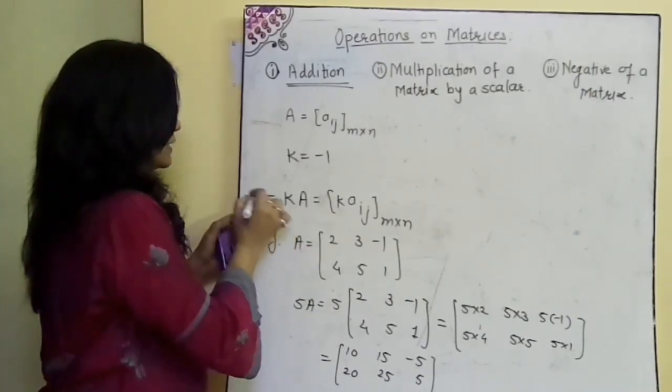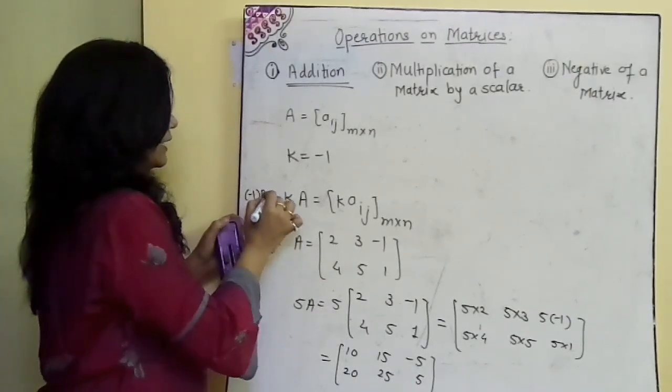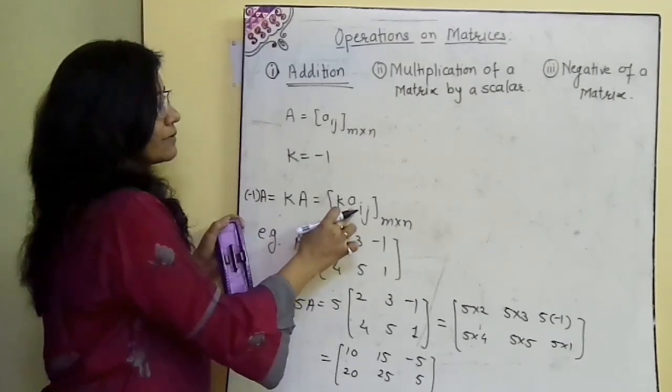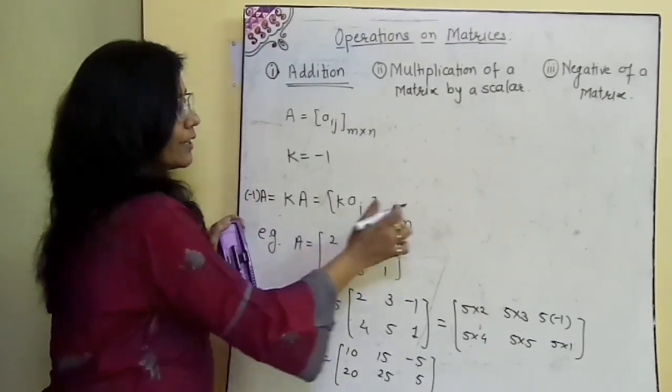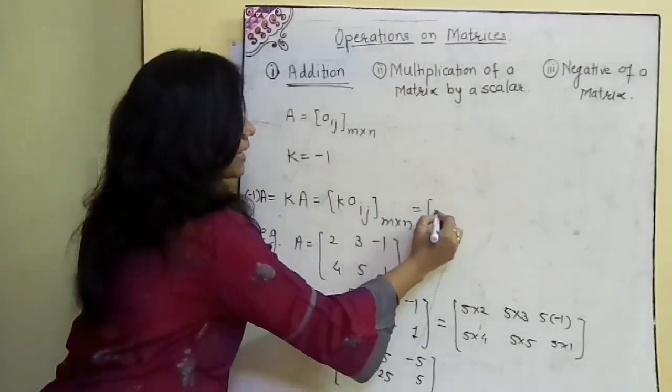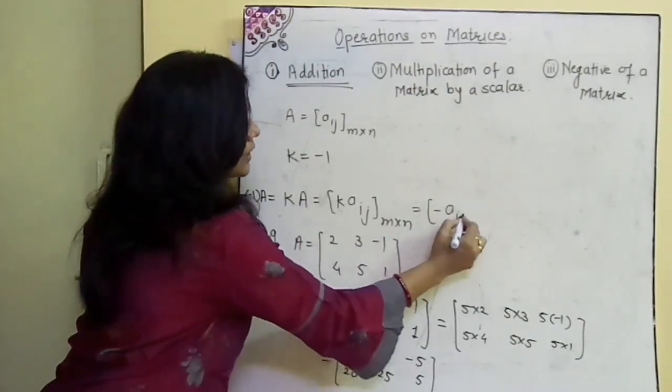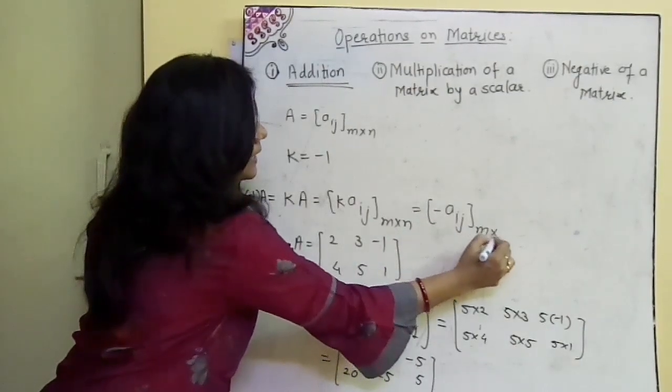So minus 1 into A, that is Ka, that is equal to K times Aij, that is equal to what? Minus Aij, M by N.